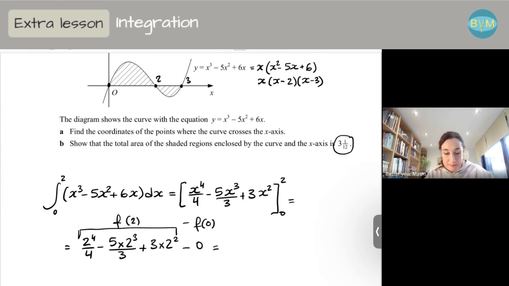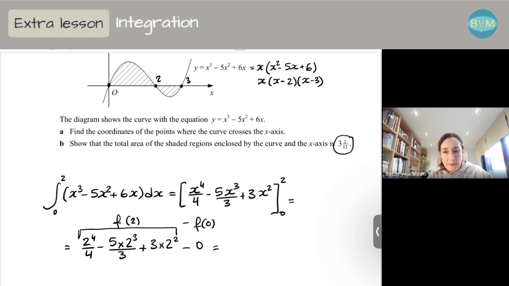I get minus, no, I cannot get minus. I've done something wrong. I get minus 10 over 3, but it cannot be negative.